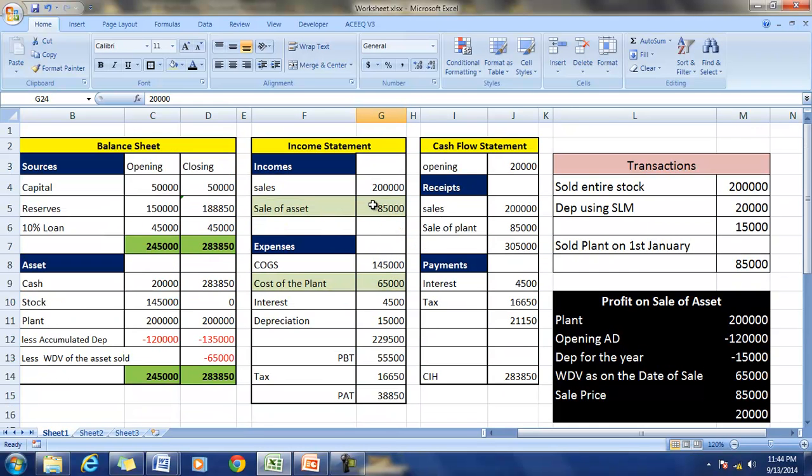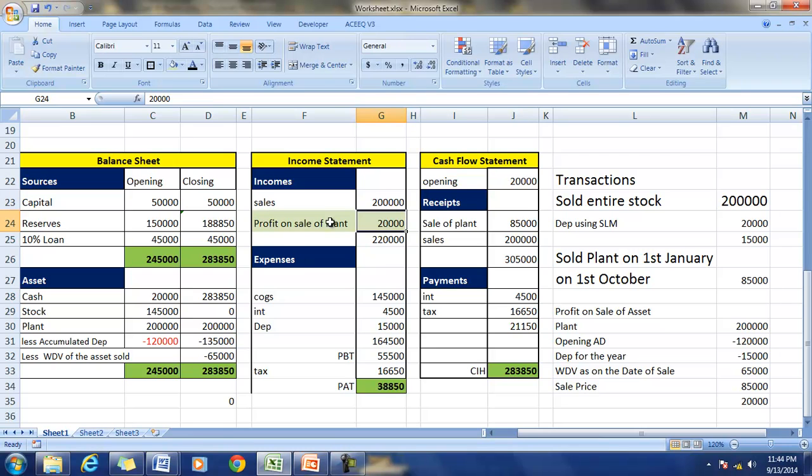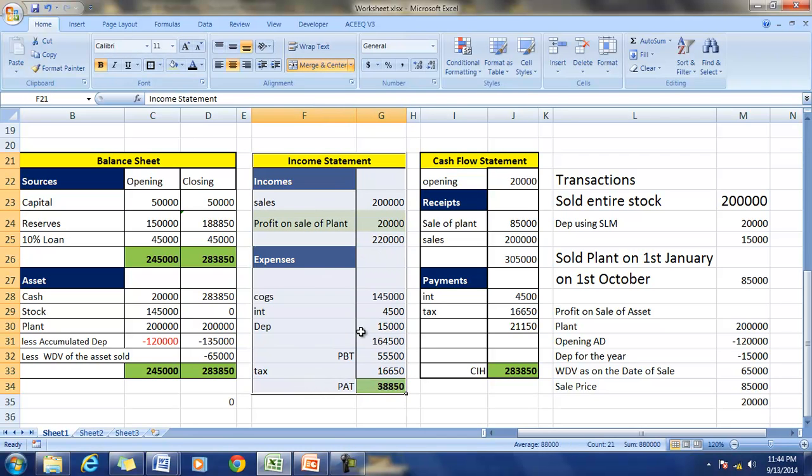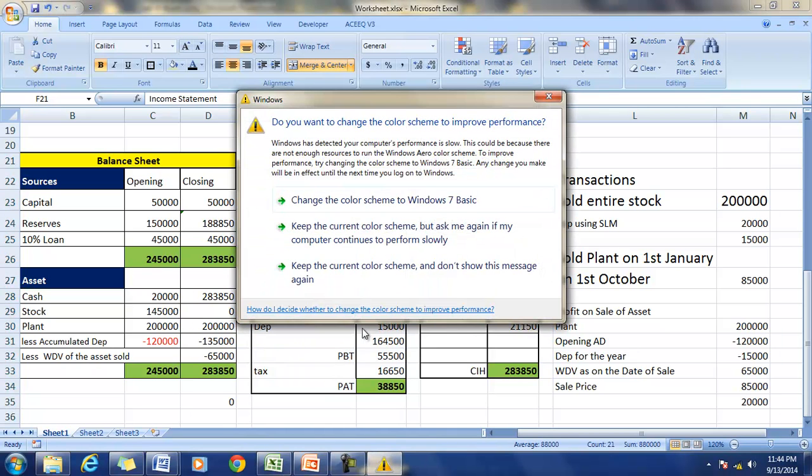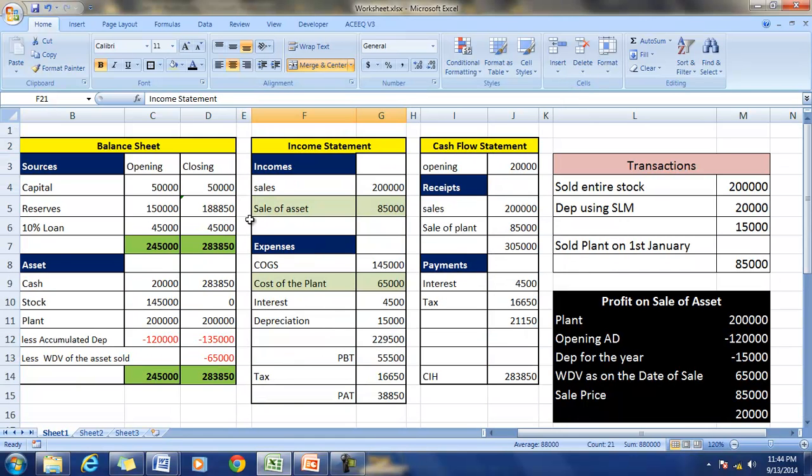Instead of showing the sale and the cost of the asset, we show the profit on sale directly, and this is a preferable method of presenting the profit on sale of asset instead of showing the sale and the cost of the plant. The distinction is because this is not a revenue good. The sale and the cost of goods sold are meant for the revenue good.